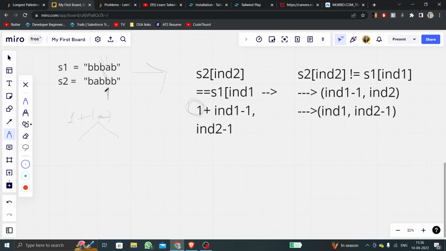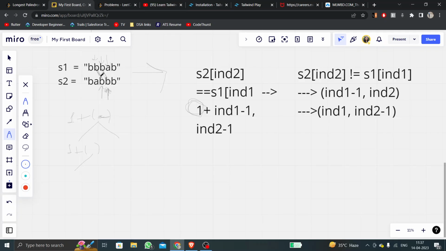See, I have not decremented this pointer. Now I see these two characters are the same, so this condition is fulfilled. And I add 1 and I move one here.